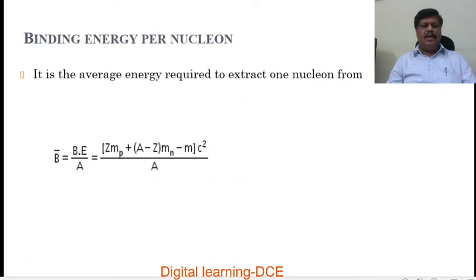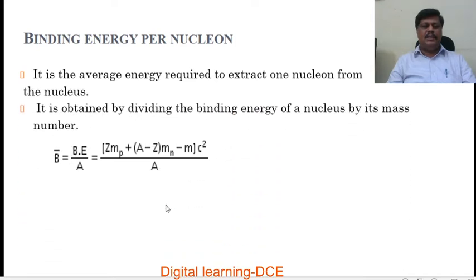Binding energy per nucleon or specific binding energy. We already studied binding energy. What is binding energy per nucleon? It is the average energy required to extract one nucleon from the nucleus, defined as total binding energy over mass number.